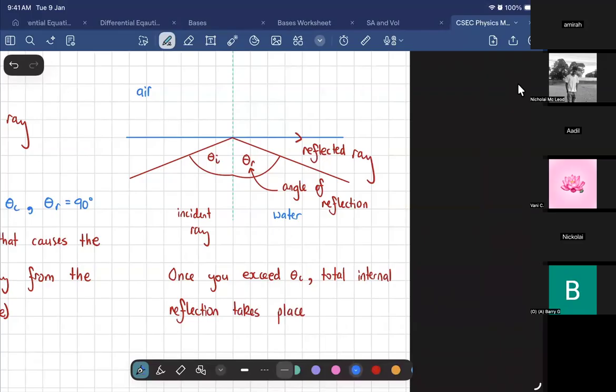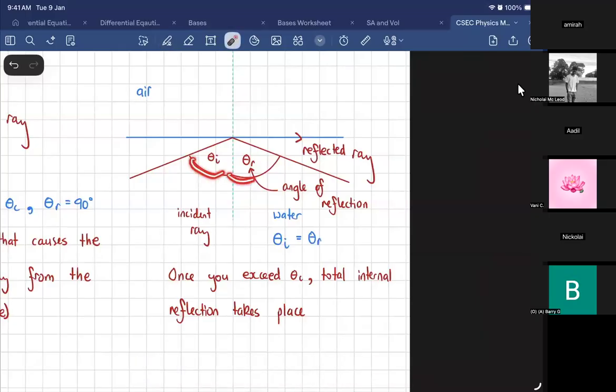So I have a question, guys. If it is total internal reflection, that means that theta I would be equal to what? Think, guys. If it's reflection, it means that theta I is going to be equal to what? Theta R. Right, because it's being reflected, and so the angles are going to be the same.